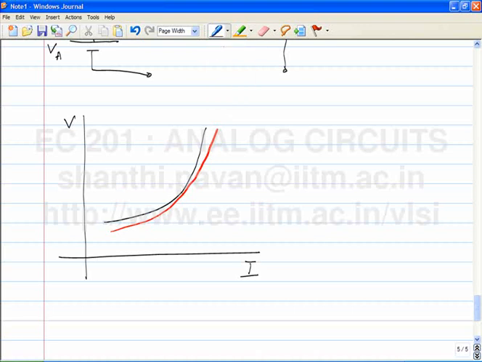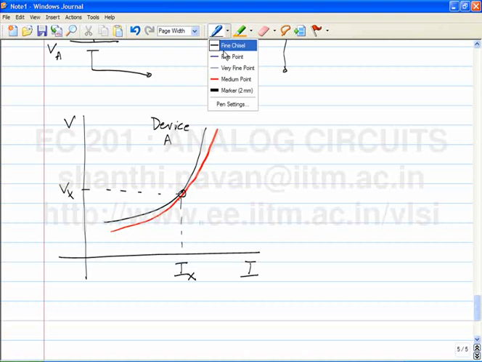At this operating point, so this is device A, this is device B. So can you comment on the slope of the two curves at Ix? They look the same.